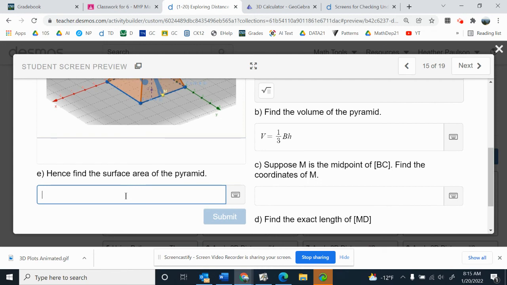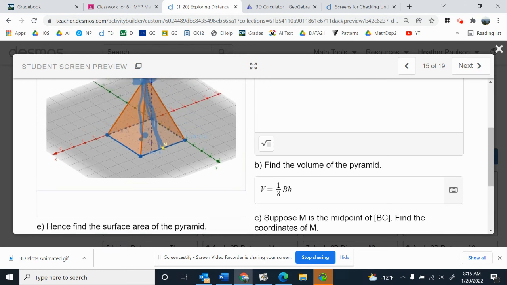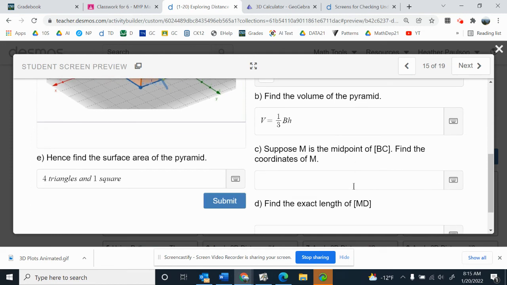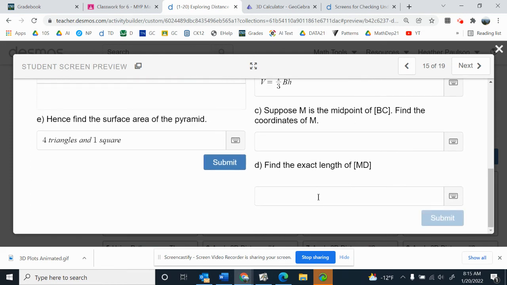You have 4 triangles and 1 square to compose that pyramid. So think of the area of your base and then the 4 triangles around the pyramid. Your height is the distance that you found in part D.